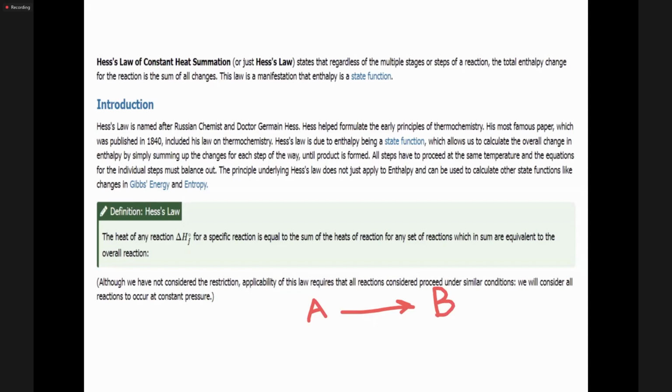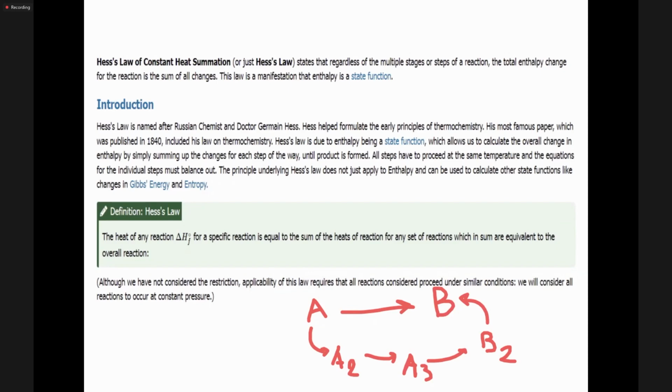From A to B, suppose we are not going via a single step. Meanwhile, we have these steps A2, then A3, then B2, and finally we go to B. So this is one process where A to B is a single step, and from A to B we can also go via A2, A3 and B2, such multiple steps.